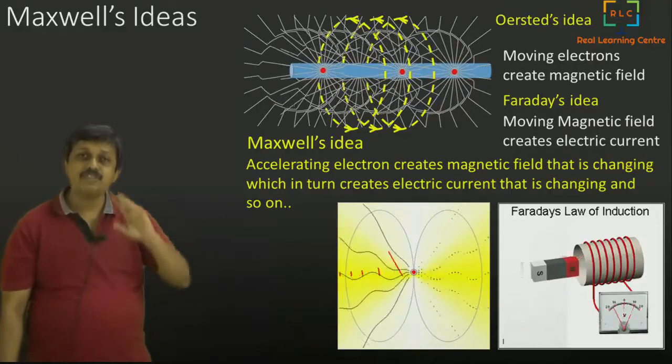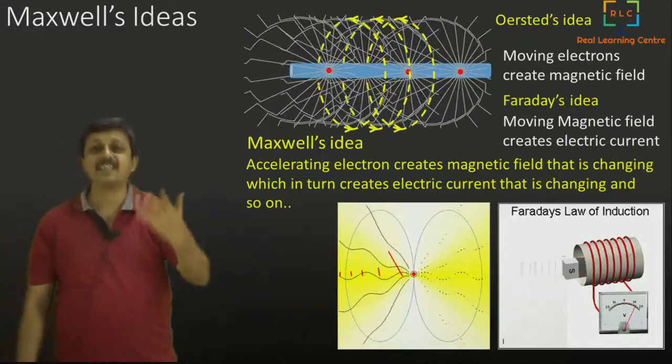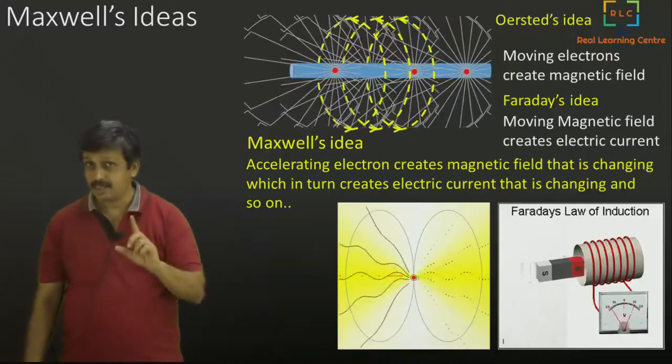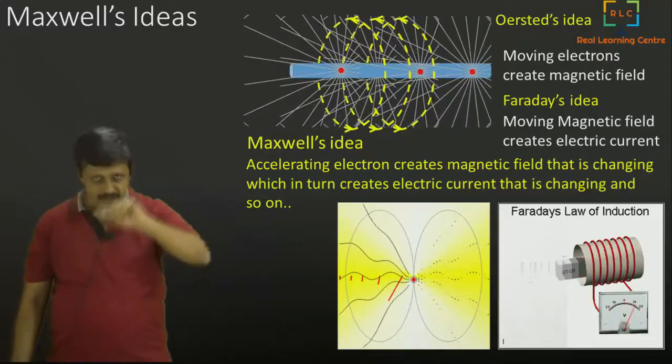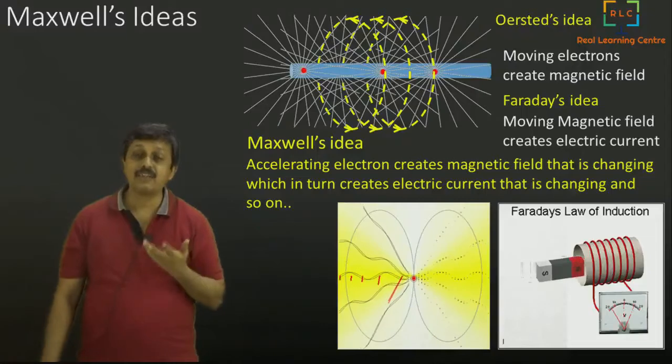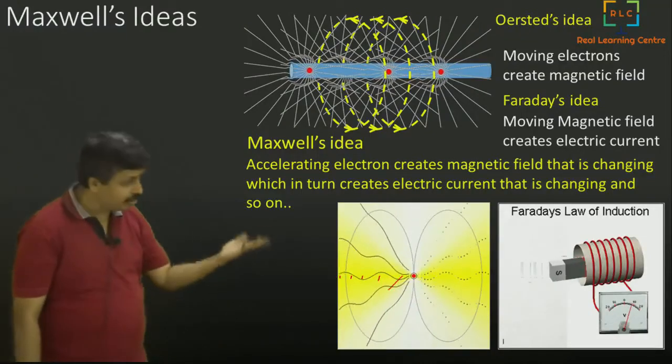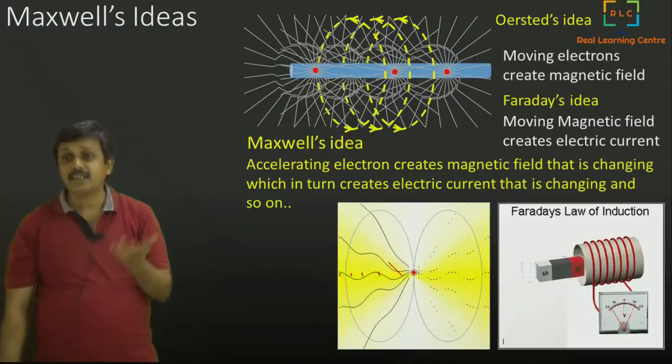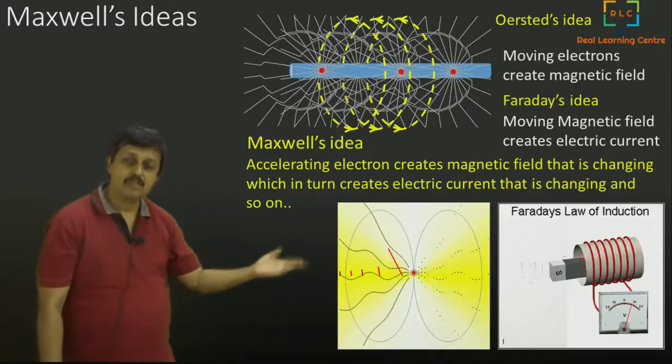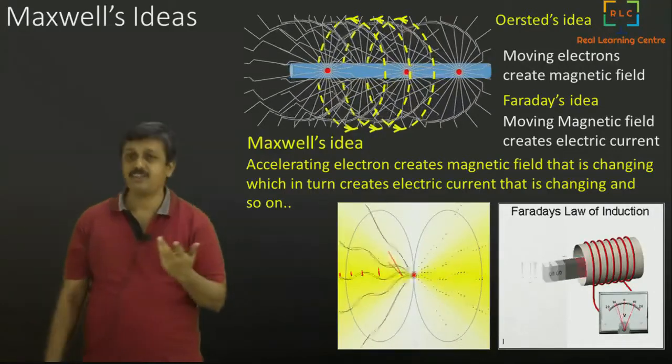That electric current means an electric field is generated. Not just current, which will happen if you connect it, but otherwise it creates an electric field. And that changing electric field in turn creates a magnetic field, which is again changing.